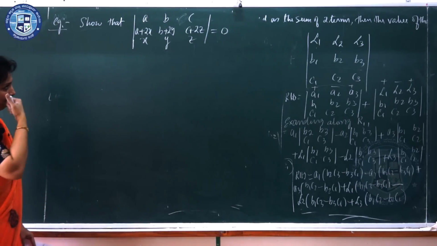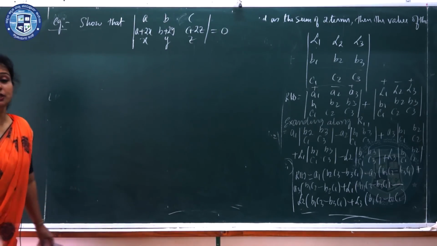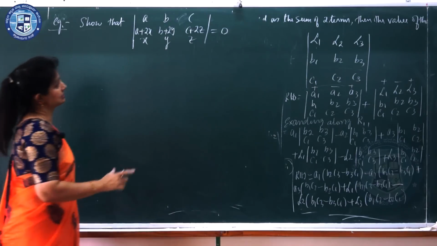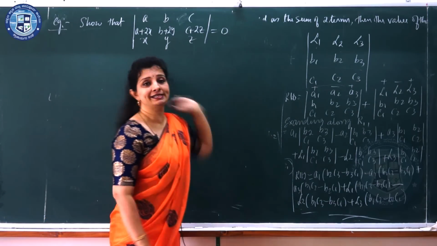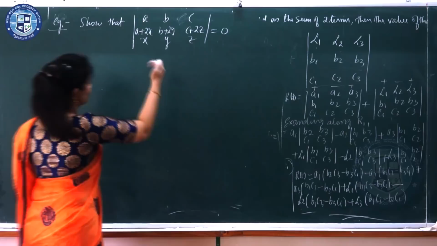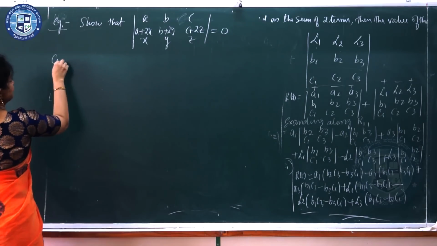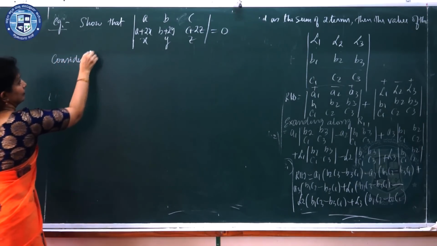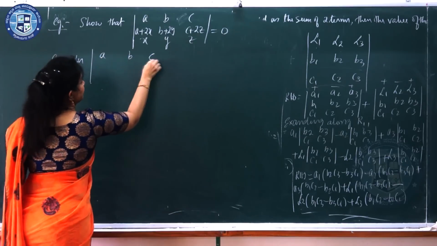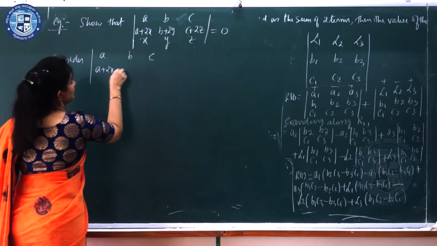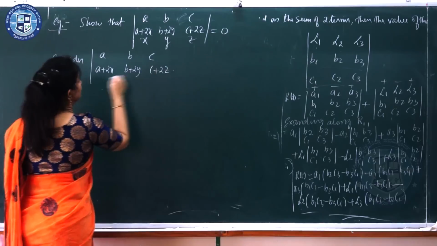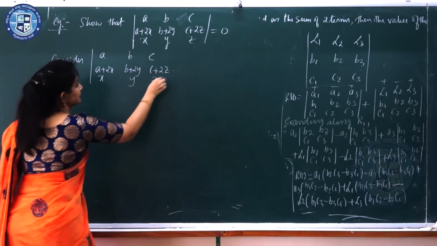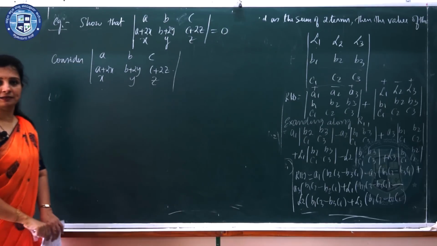Using the property you have to show this, not by expanding. Using the property you need to show that this determinant value is 0. Okay, so we consider LHS first. Consider A, B, C, A plus 2x, B plus 2y, C plus 2z, x, y, z.